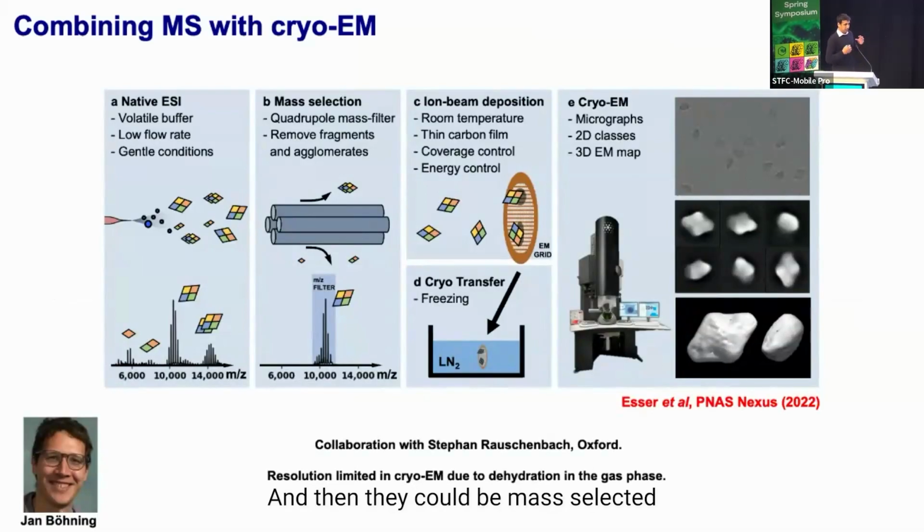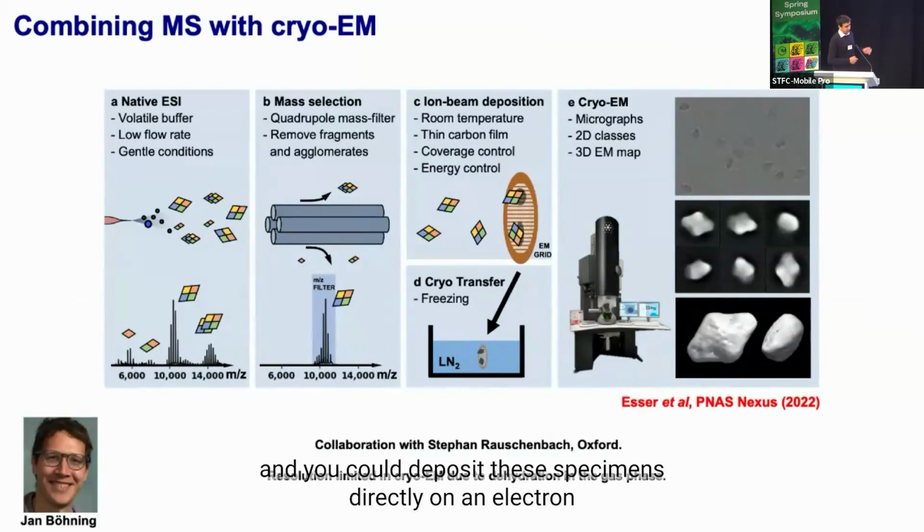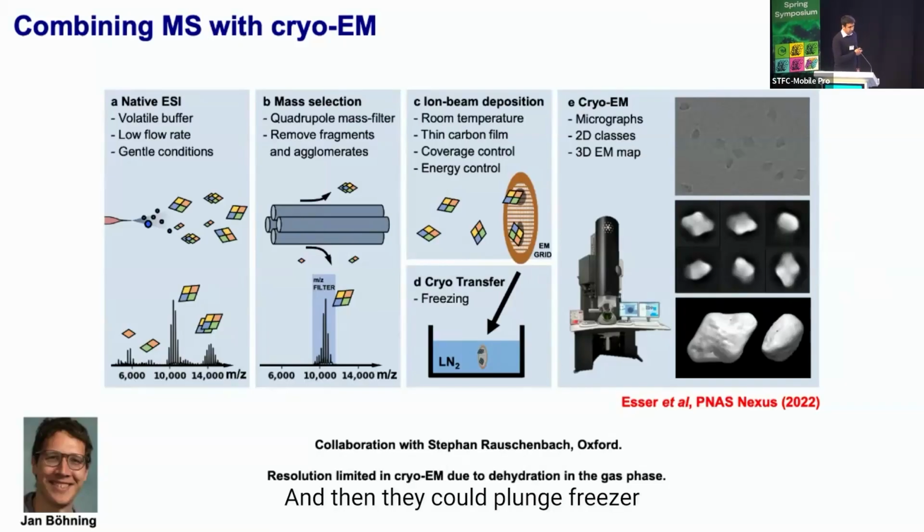Then they could be mass selected, and you could deposit these specimens directly on an electron microscopy grid, which at that time was at room temperature, and then they could plunge freeze it and perform cryo-electron microscopy imaging.